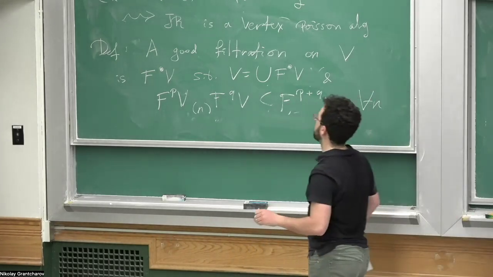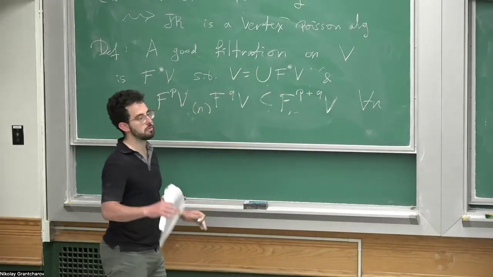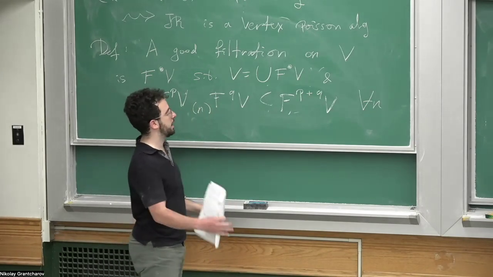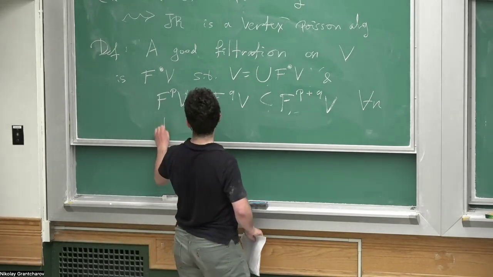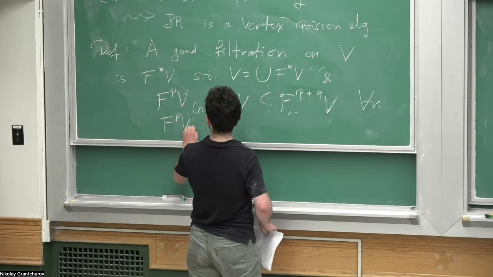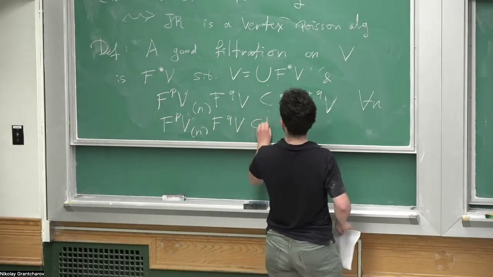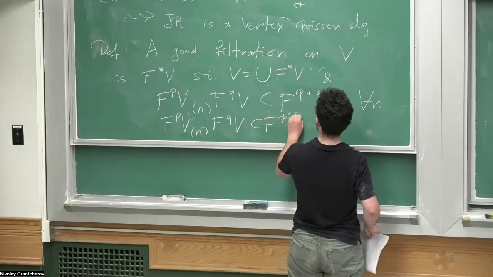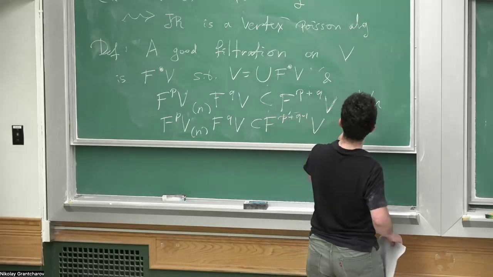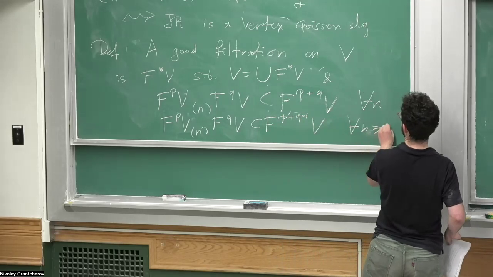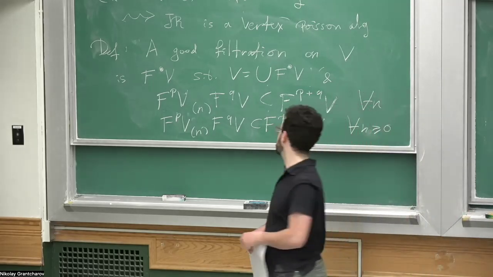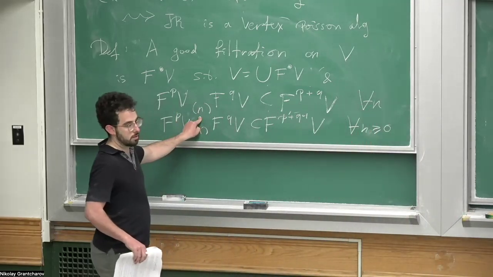So if we want it to be commutative, we basically want all positive degree elements to die in the associated graded. So we want that the nth product of F_q and F_p lies in F_{p+q-1} for all n greater or equal than 0. Remind me what it means to take the nth component and apply it to F_q.